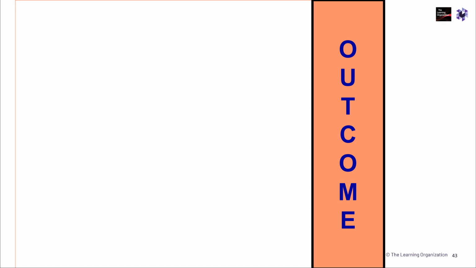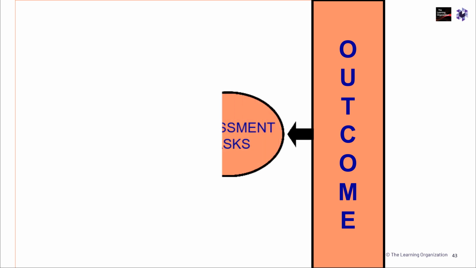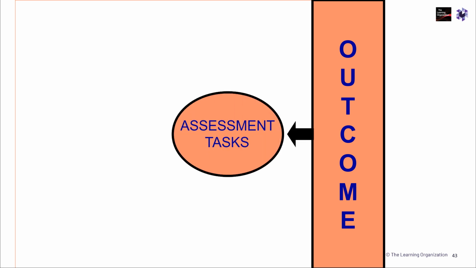So I want to give you a picture to try and put all of this together. We've talked about outcomes, and we're in a backward design, so we're going to think of outcomes first. Now that could be a course outcome, it could be a program outcome. And the next thing we really want to think about, and we haven't mentioned this at all, is assessment, right?